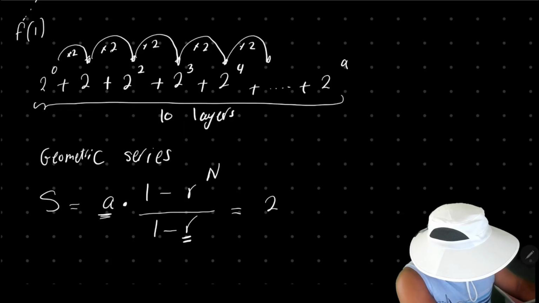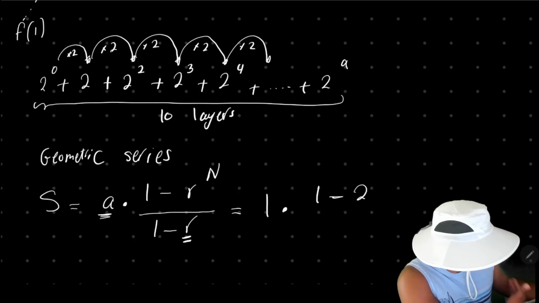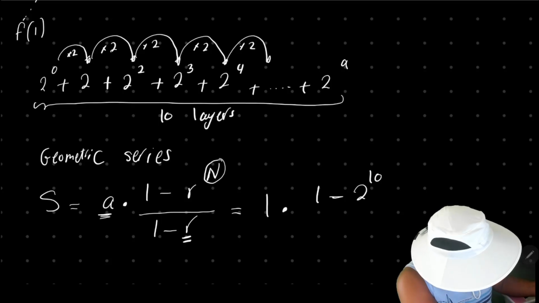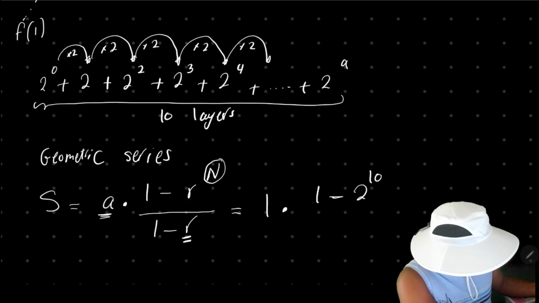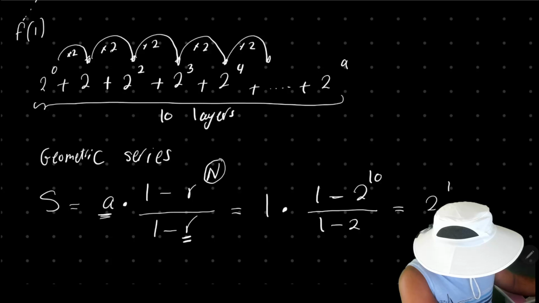I'm just going to stick 1 instead. 1 minus the factor that I'm multiplying by, which is 2. N is the number of terms. We have 10 different terms, from 2 power 0 to 2 power 9. And divided by 1 minus 2, which is negative 1, so you get 2 power 10 minus 1.